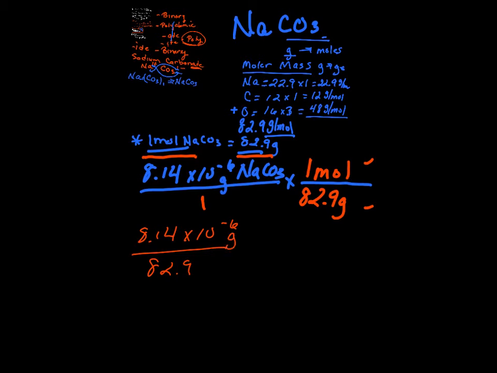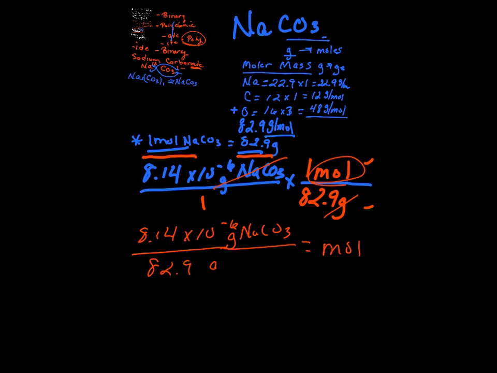This is grams of NaCO3, divided by no units, because the units canceled out here. When you get the answer, your answer is always going to be in moles because that's the only unit that's left. So I'm going to divide it out real quick. That's going to give me 8.14.